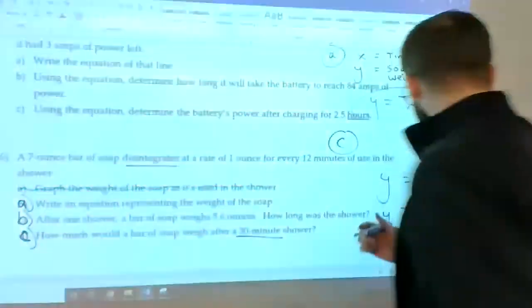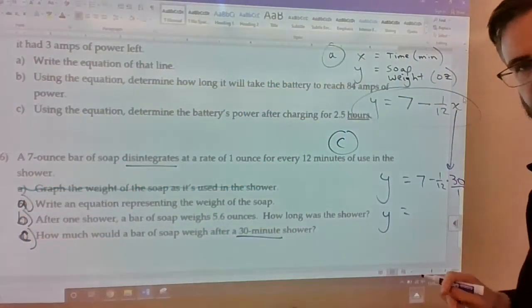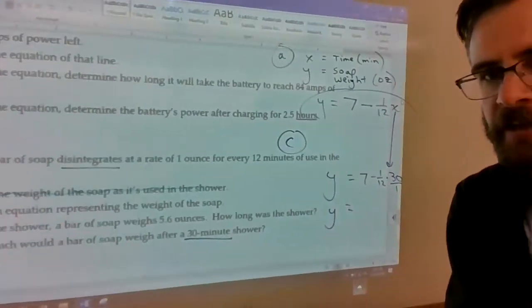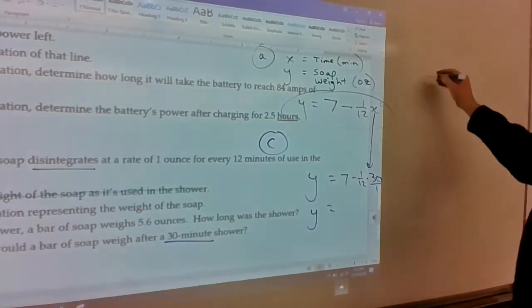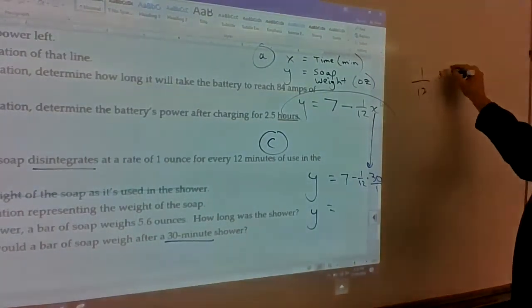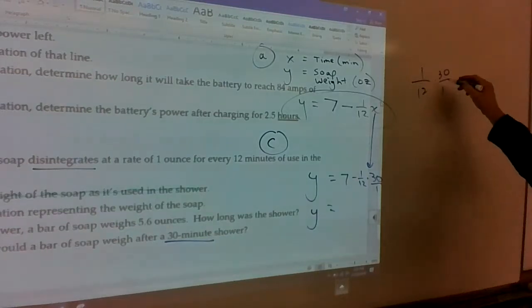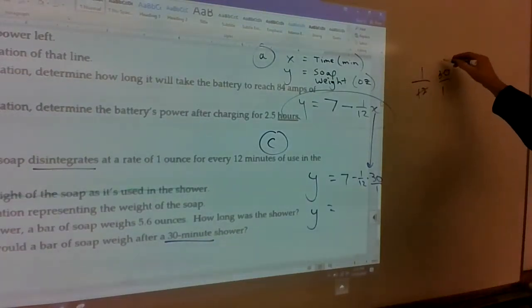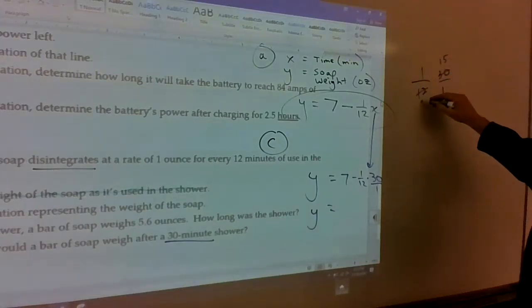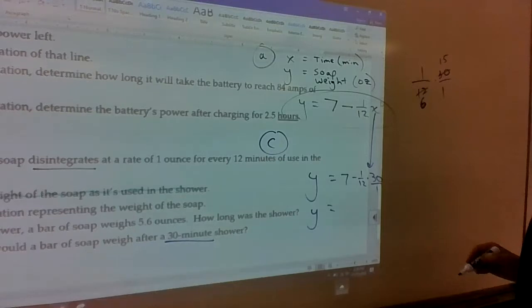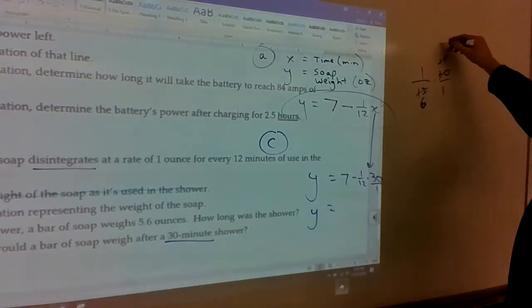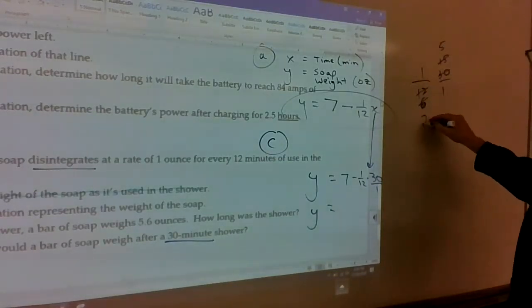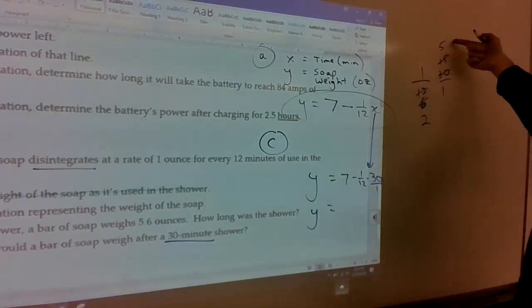Okay? And then taking 1/12 times 30, maybe I'll do some work off to the side here. Put the 30 over 1, cross cancel. Let's see here. If I divide the top and bottom by 2, I get 15 over 6. They both divide 3. Oh, it's just 5 over 2.